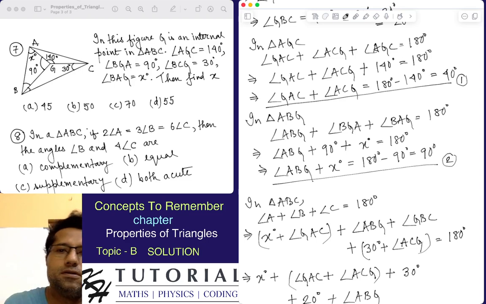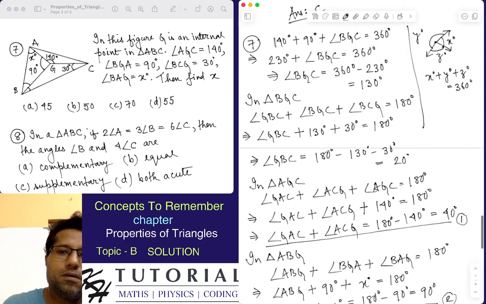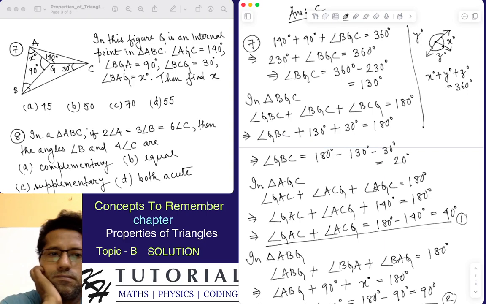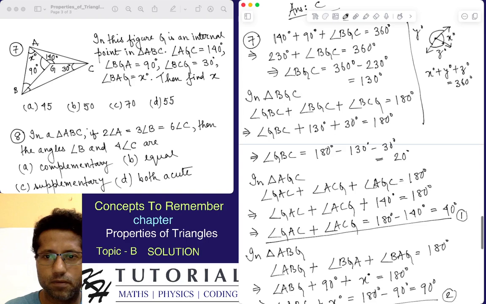Angle BGC is 130. So angle GBC is 20 degrees. No, I don't know. Okay, I will come to this problem later on.